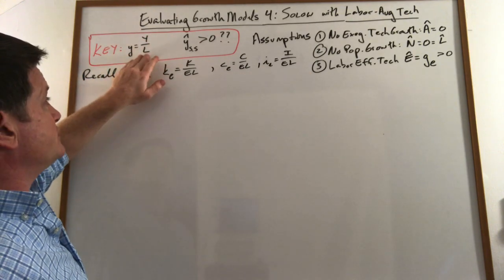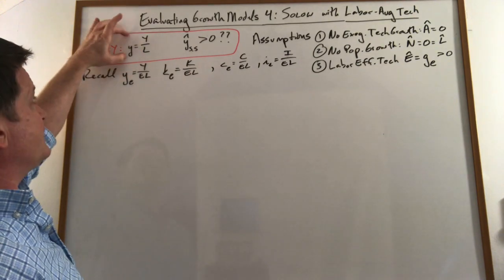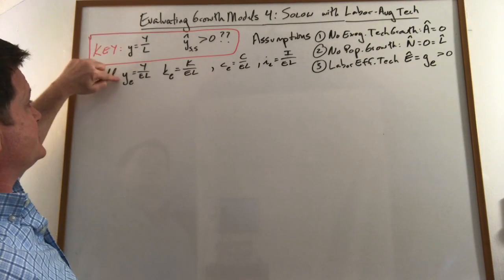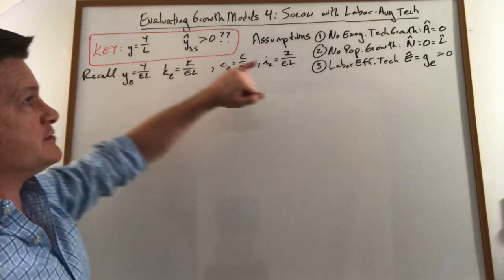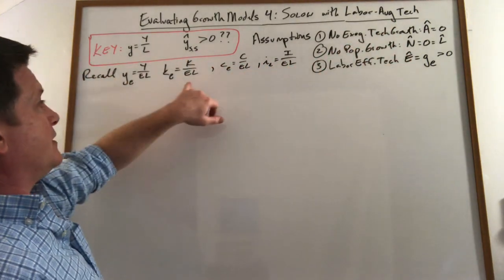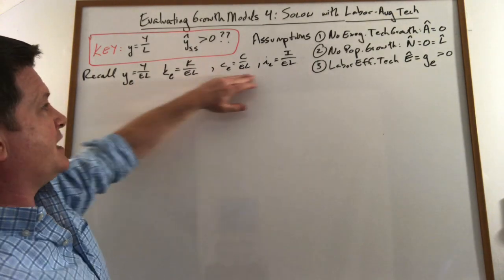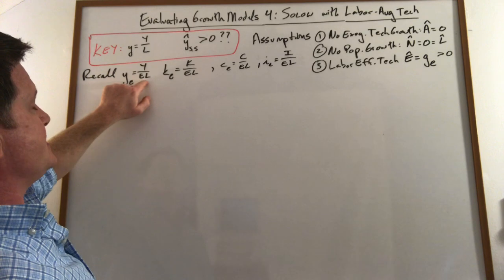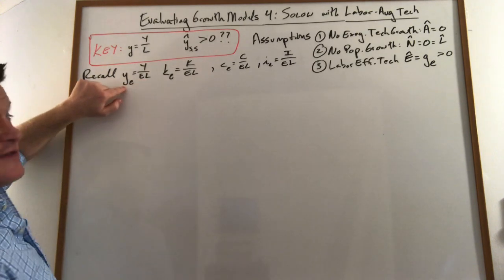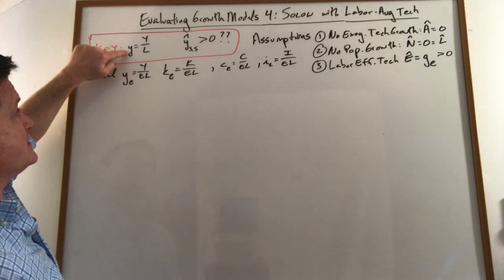I'm just going to use the formula of GDP per worker to emphasize that this definition is different from this, because when we add labor augmenting technology, we get an E multiplied by the L, and we scale everything by dividing through by EL. So the growth rate of this is different from the growth rate of this, and this is still our goal.